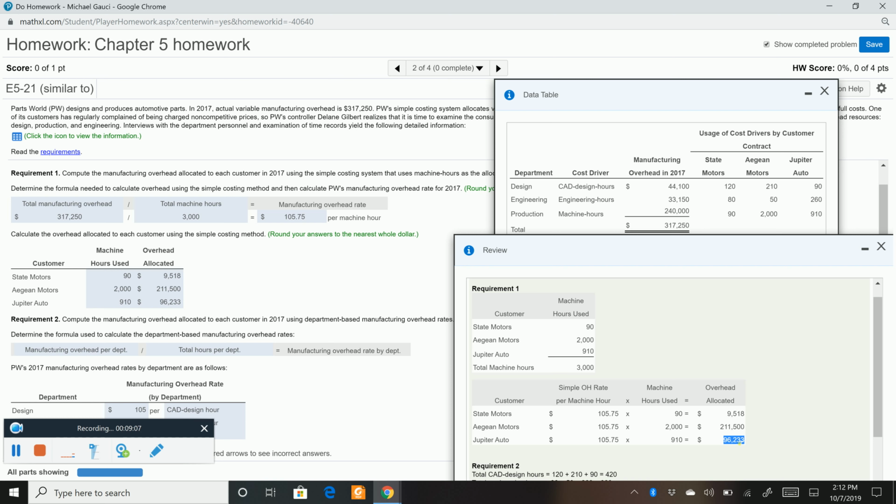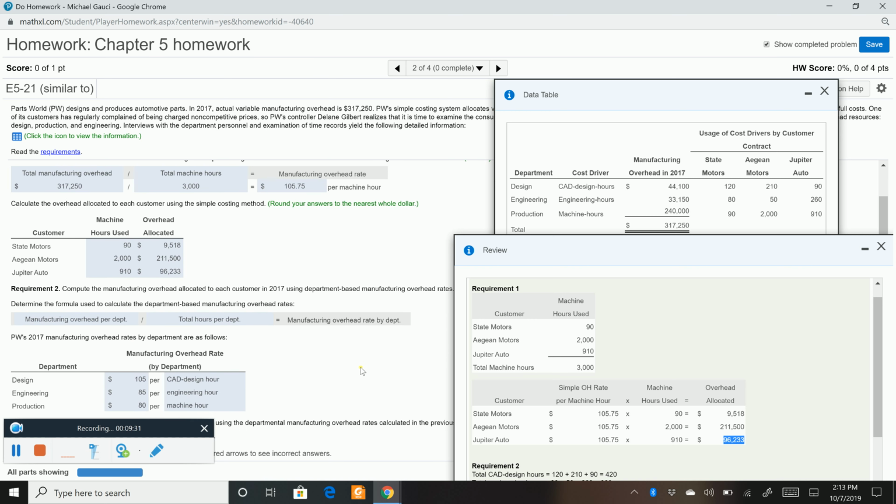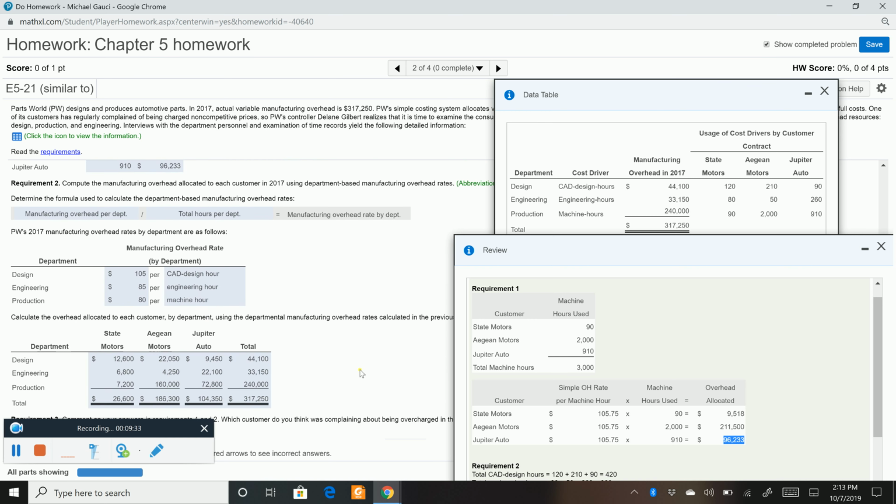So a better way to allocate the costs is, instead of coming up with one individual cost driver and one individual predetermined overhead rate, to drill down into our costs and see what type of costs we have and what are the better cost drivers for each type of cost. That brings us to requirement 2.